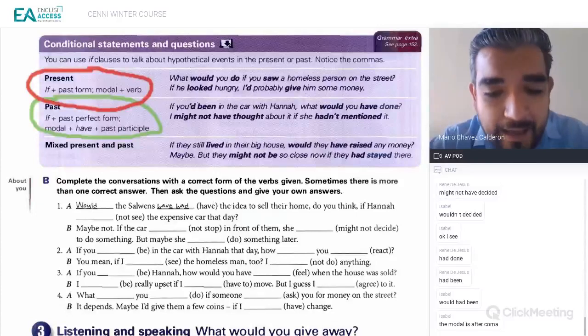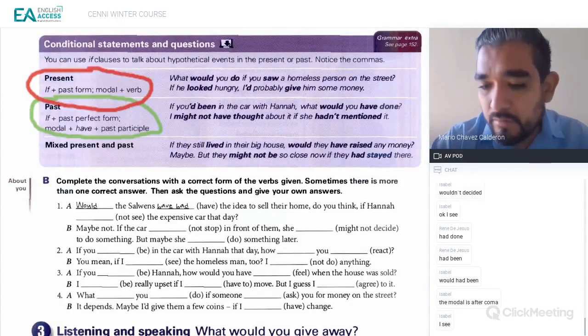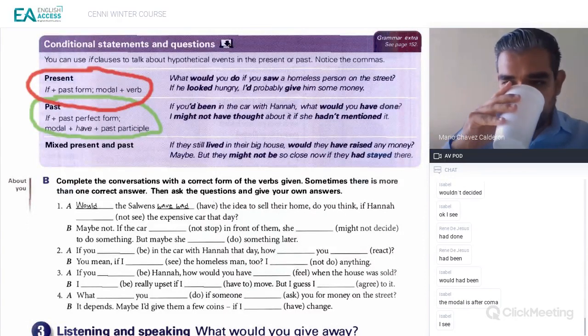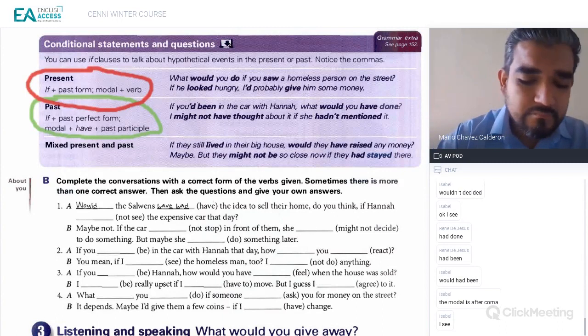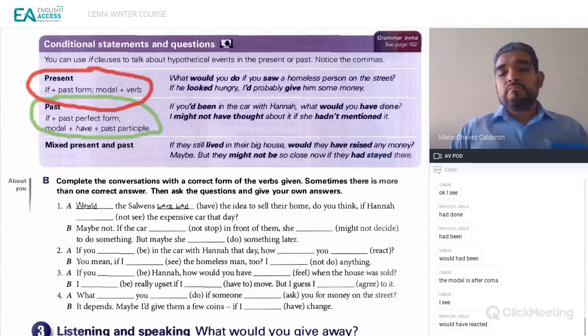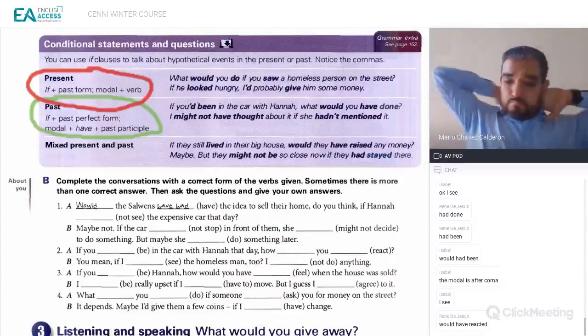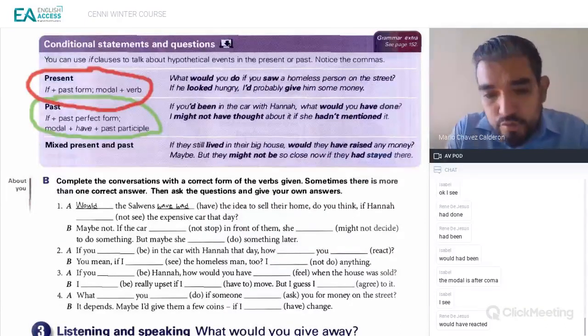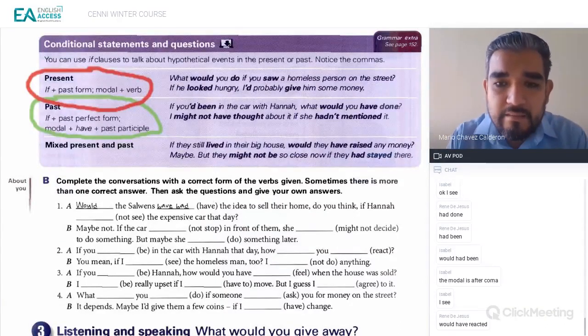Now, how what? How would you have reacted?